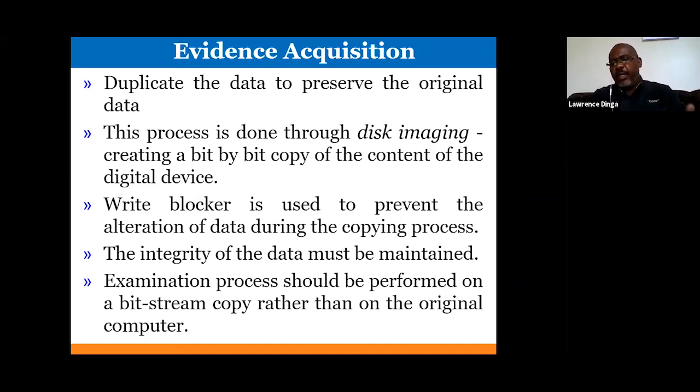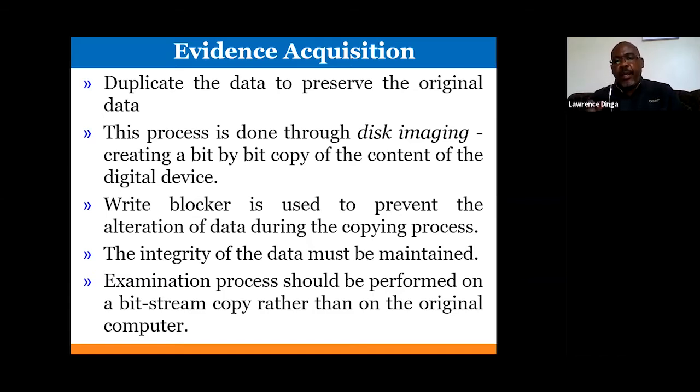Now, when you compare the hash value between the original and the copy, they should match. If they match, then you know that the original is the same as the copy. So that is what we call a cryptographic hash value calculated on both copies.